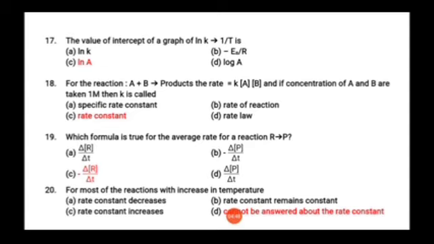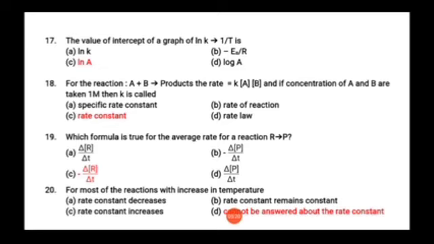So we all know that, students, to find average rate, obviously average rate can be written in the form of reactants. So two options are neglected, that is B and D. So in options A and C, always we know that whenever reactants are written, we must write negative sign before the reactants. So the correct option is option number C, that is minus delta R upon delta t.